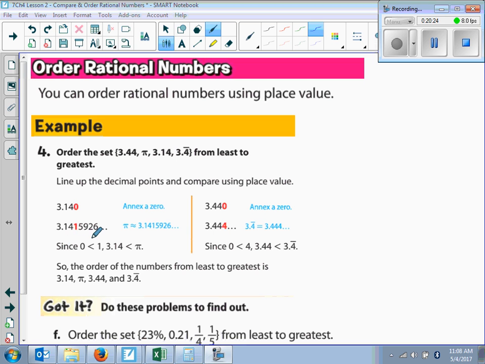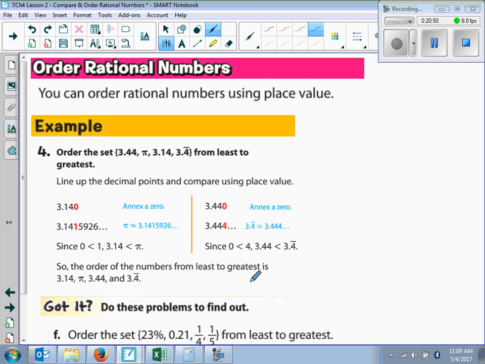They're going out to the thousandths place, so we've got 3.141 right there. They just use that number. And then here, to get to the thousandths place, they have to add a 0 for this number, and add a 4 to this number.